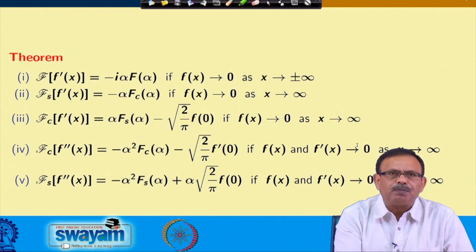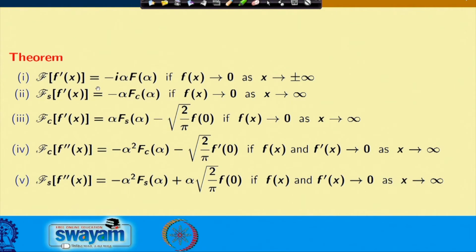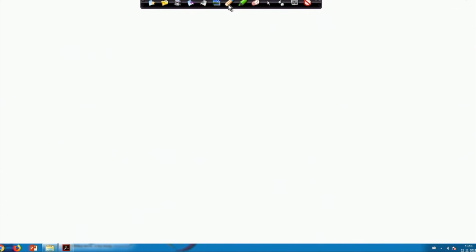So, first we have to prove that the Fourier transform of f'(x) equals minus i alpha into F(alpha), whenever f(x) approaches 0 as x approaches plus infinity or minus infinity.